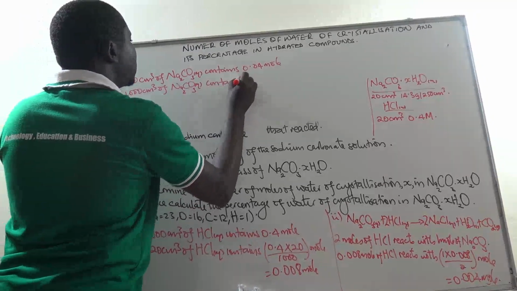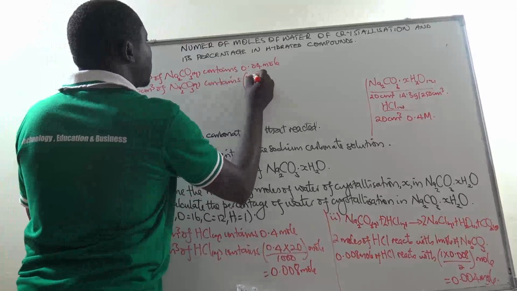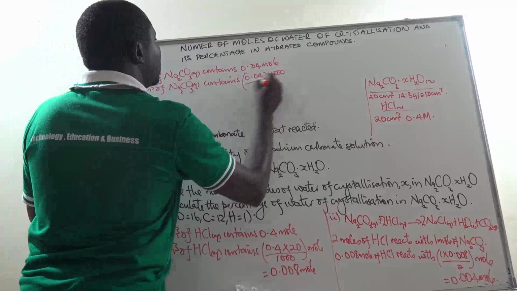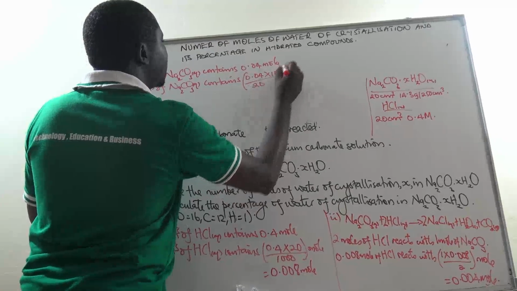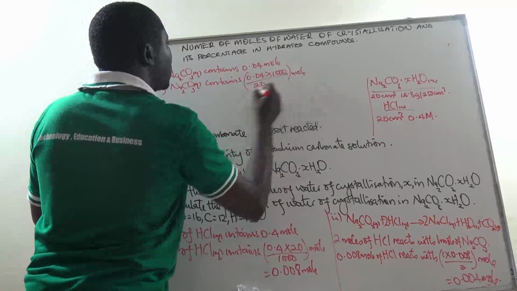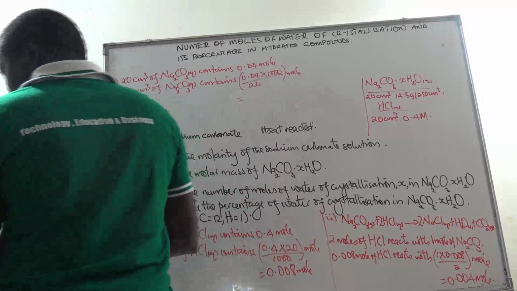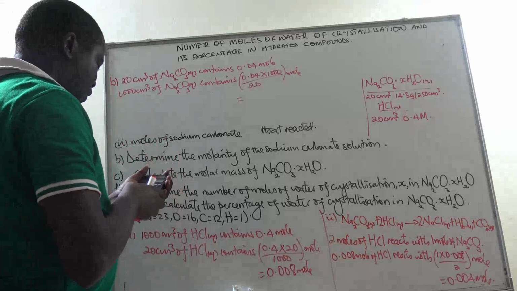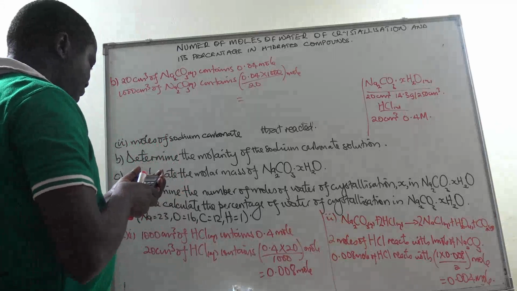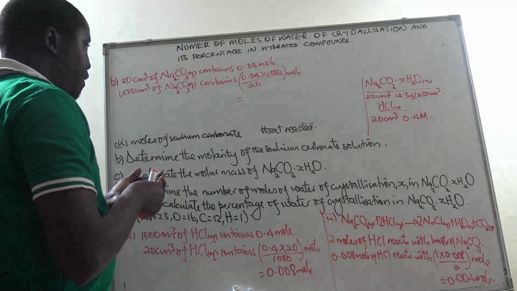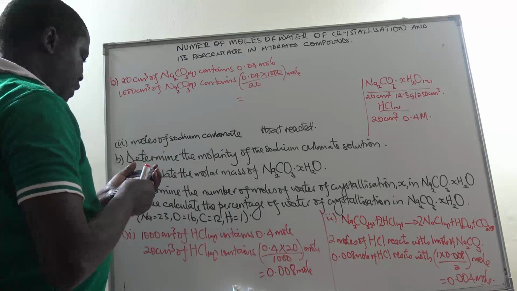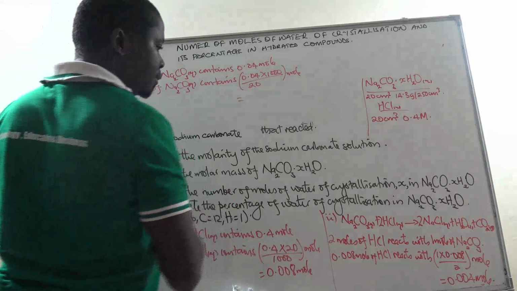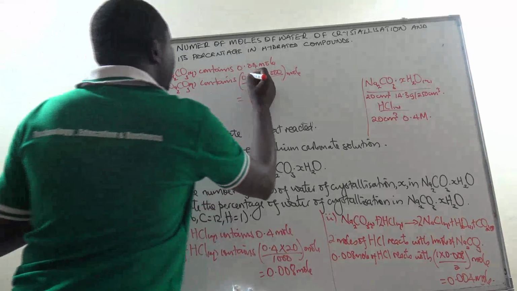It contains, and we cross multiply, 0.004 times 1,000 over 20 mole. Let's see what we get from here using our calculator. So it is 0.004 times 1,000 and we divide by 20. So this one has given us 0.2.